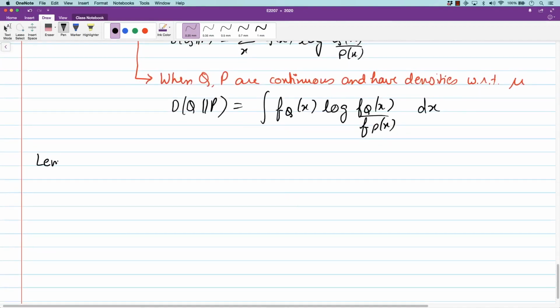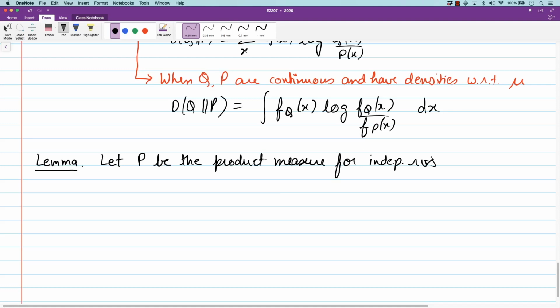So, lemma. Let P be the product measure for independent random variables X1 to Xn.